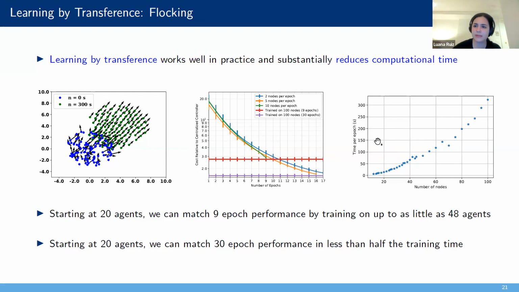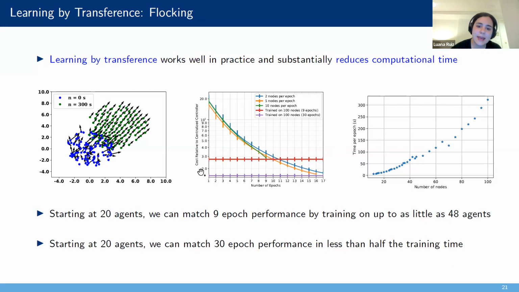So we want the cost to be small. And the orange, green, and blue curves are showing the control cost achieved at each epoch by our learning by transference algorithm. And at each epoch, we're essentially increasing the number of agents. Depending on the color of the curve, we have different rates of increase, right? So 2 for the blue, 5 for the orange, 10 for the green.